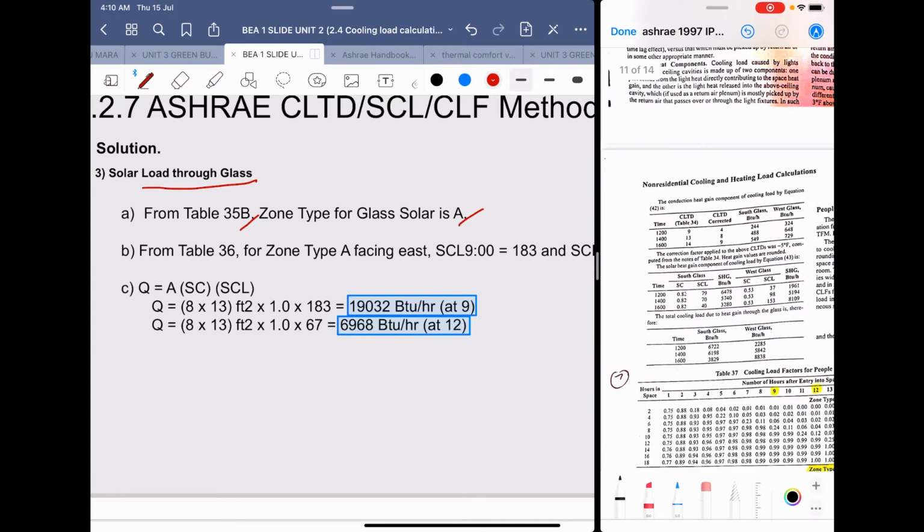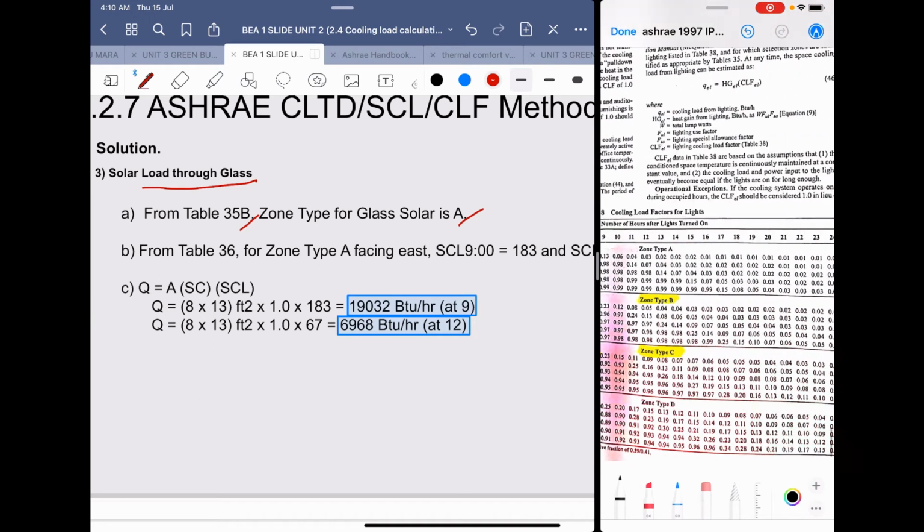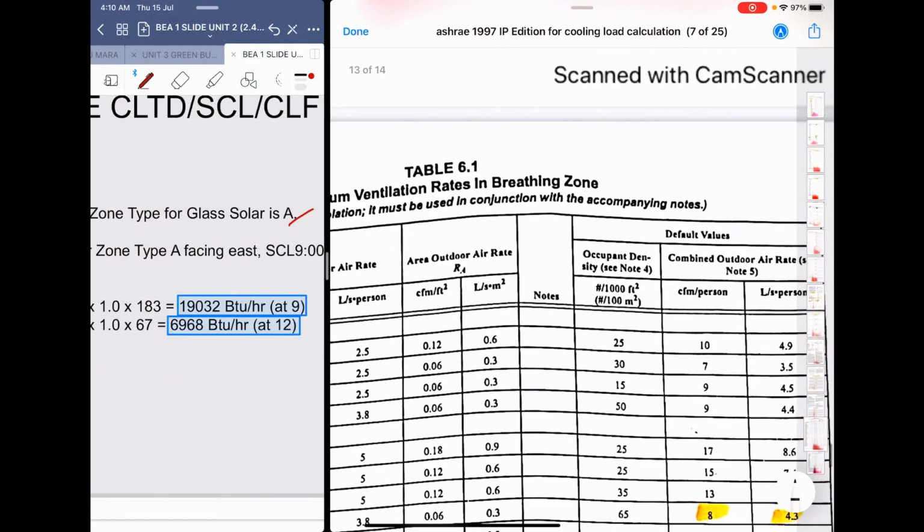Go for table 36. Wait, looking for table 36.